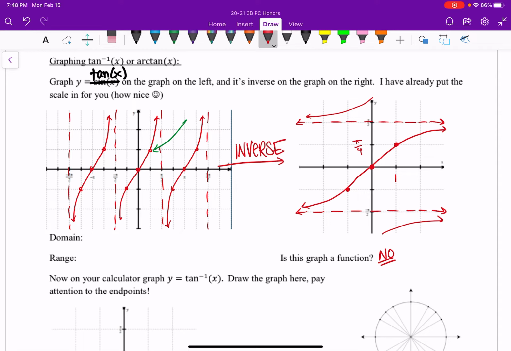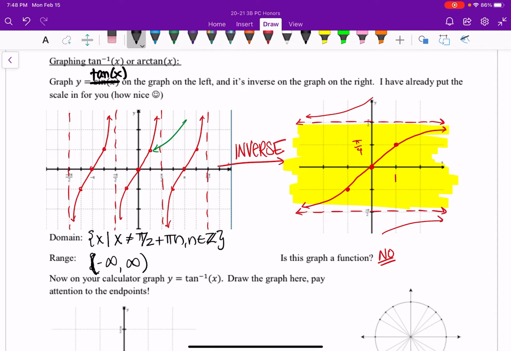And tangent is a lot easier to make into a function because we just take this middle branch that's already segregated from the others. So originally, hopefully we had some practice with this, our domain is just we can't have all of those pi over 2's, but our range is negative infinity to positive infinity.